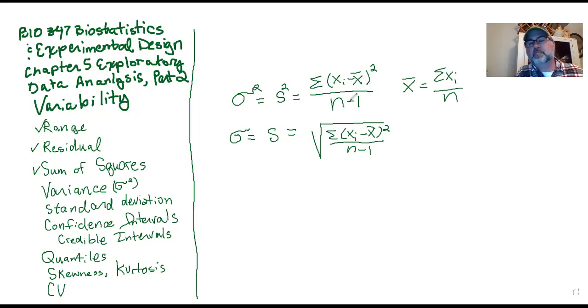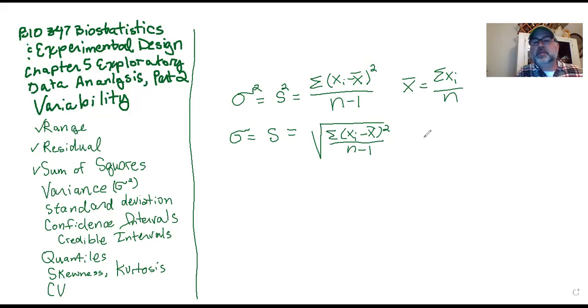And it's n minus 1 because you'll underestimate the variance if you don't do that. And this accounts for degrees of freedom, okay? So that's what this does. So it gives you the average residual on the same scale as what you measured, right?